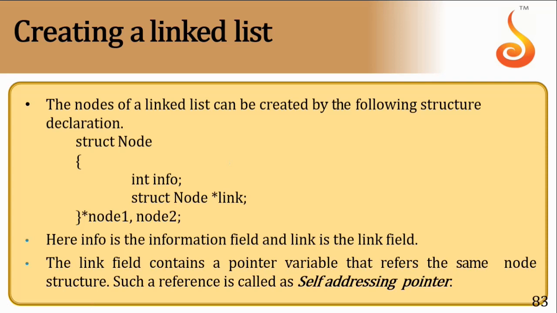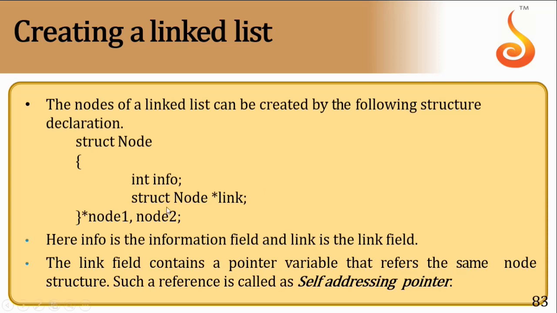So ask the user to enter the info, and since it's a pointer, you would use node arrow info for taking it in, or node star node dot if you are using it. We'll use the arrow because it's simpler, and then struct node star link.